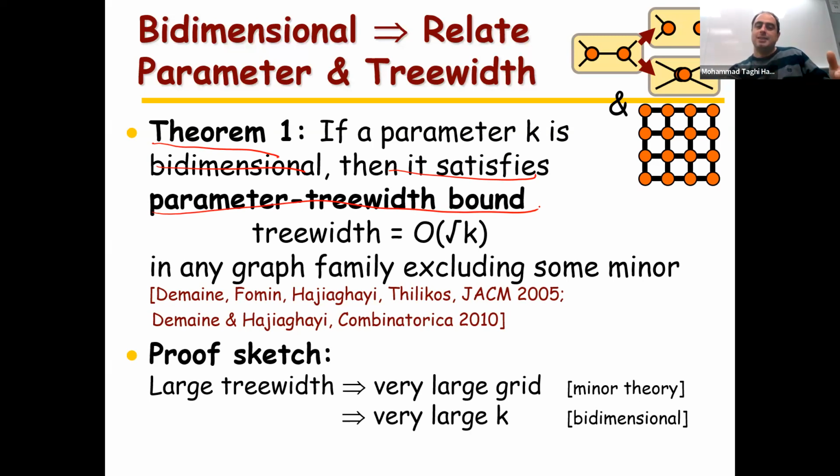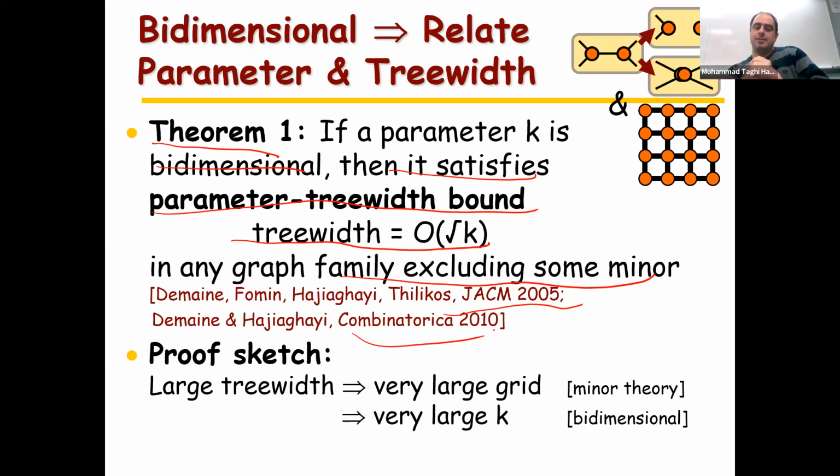The treewidth of the graph would be at most order square root of K. So if a parameter K is bidimensional, meaning minor or contraction closed, then it satisfies this: the treewidth of the graph will be bounded by a square root. This is correct for any graph excluding some minor. This is the main bidimensionality paper, in the top journal in combinatorics, that was JCTB.